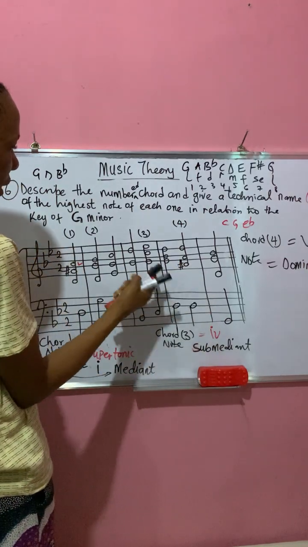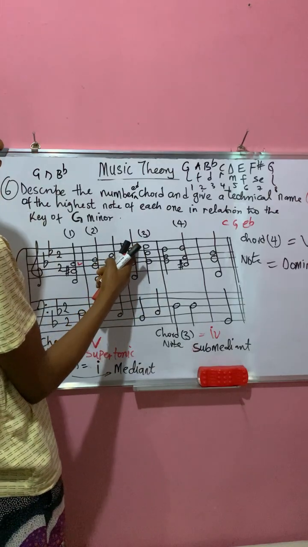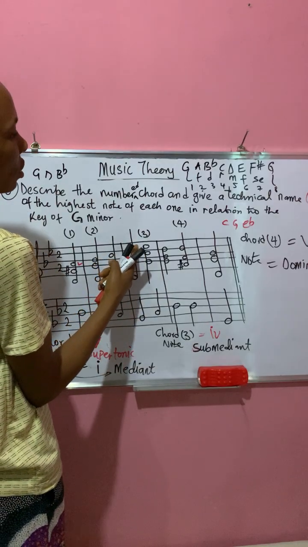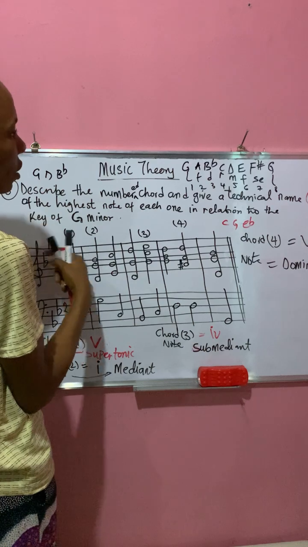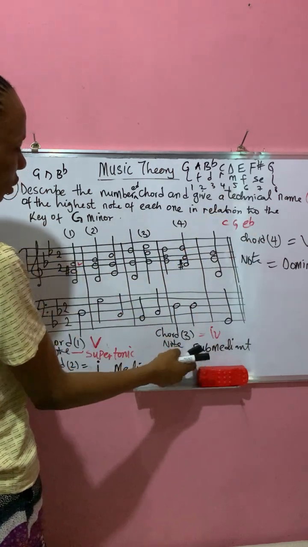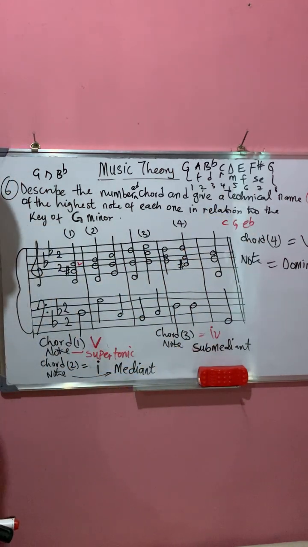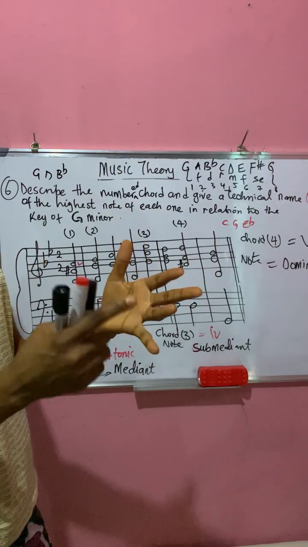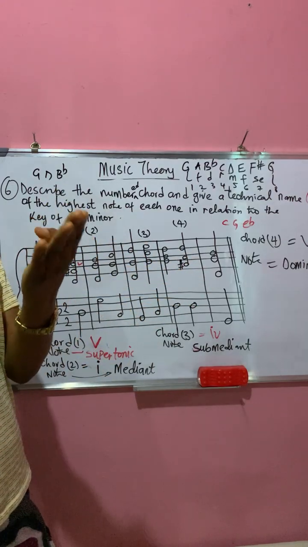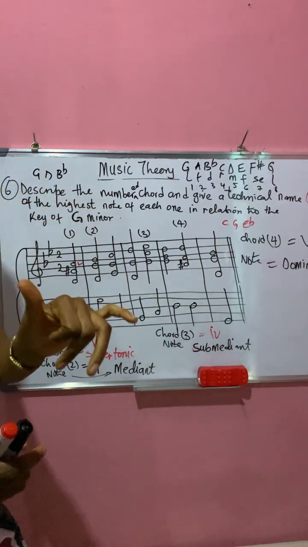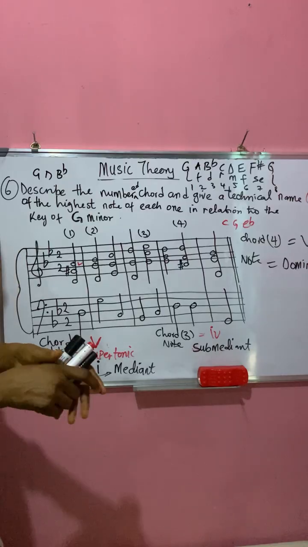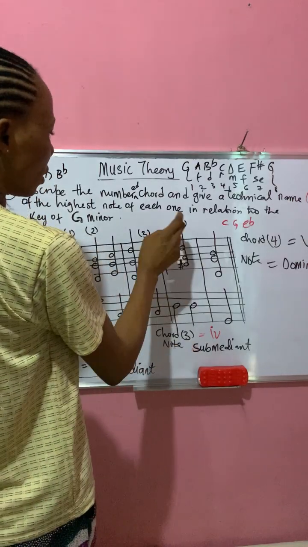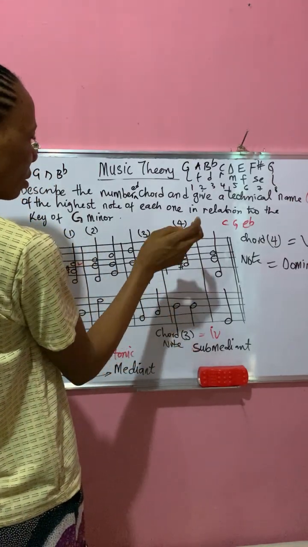What is the highest sounding note? E flat. And what is the degree of E flat in the key of G minor? It is the 6th degree, which is submediant. We have the tonic, supertonic, mediant, subdominant, dominant, and the submediant.